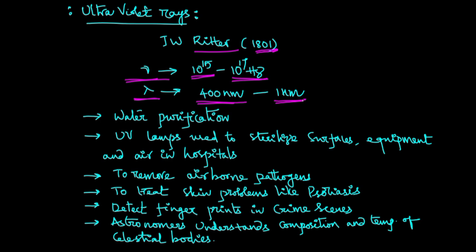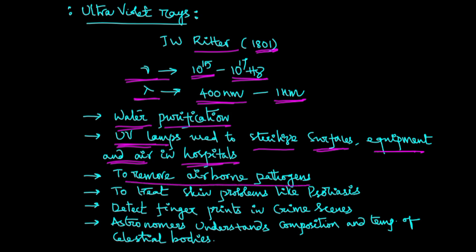These are used in water purification, and UV lamps are used in hospitals to sterilize the surfaces, the equipment, and the air, because the air contains a lot of bacteria. That's why UV lamps are used to sterilize those bacteria, to remove airborne pathogens, to treat skin problems like psoriasis, and to detect fingerprints at crime scenes.